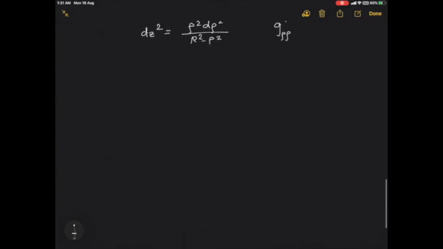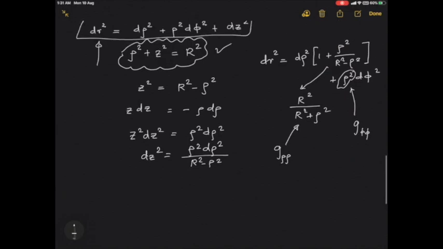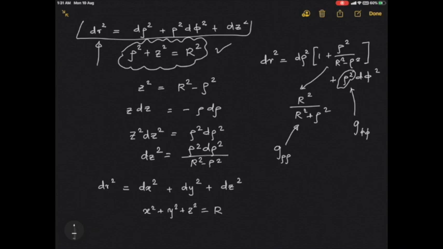If I try to write down the metric on the surface of a sphere in the Cartesian coordinate system, I leave it to you as an exercise, but I have to ensure that x square plus y square plus z square equals r square, and then eliminate dz square just like we did here, and we will see that the metric will become a lot more complicated.